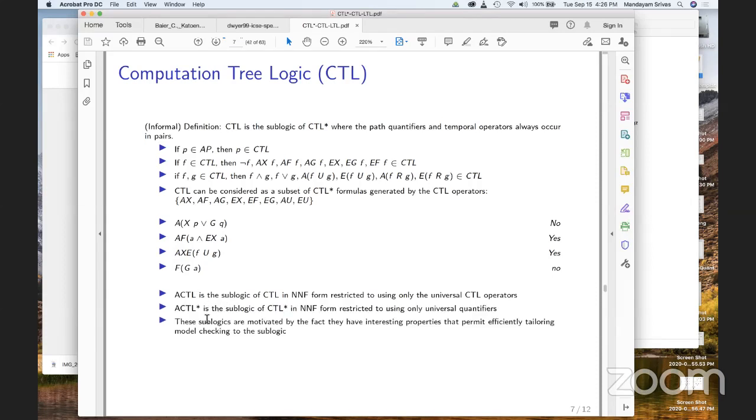In any case, ACTL star is similarly the sublogic of CTL star. I haven't introduced you to NNF. I will introduce you to what a negation normal form is very soon, and then you will understand this. Suffice it to understand that ACTL star is a sublogic where only universal quantifiers are applied.